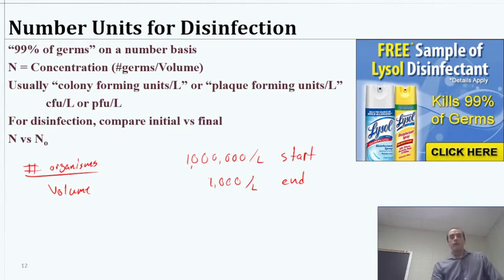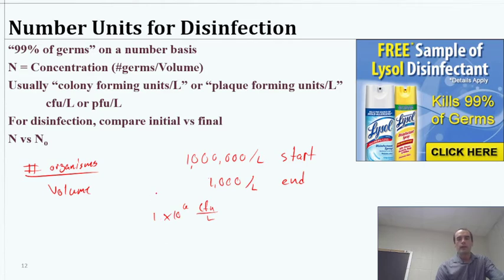All right, so if this was our starting and ending, then a lot of times what we'll do is just compare to get that 99% of germs or whatever. We'll say, okay, well, that's 1 million, 1 times 10 to the 6. We'll call that colony forming units per liter, and that's our initial.